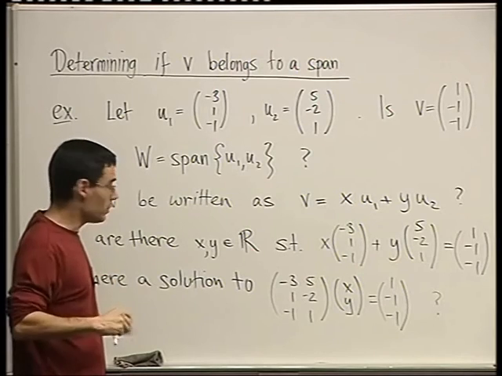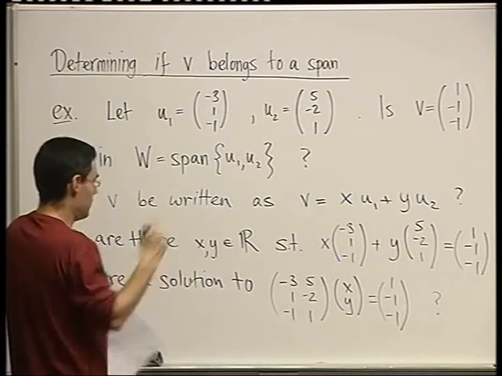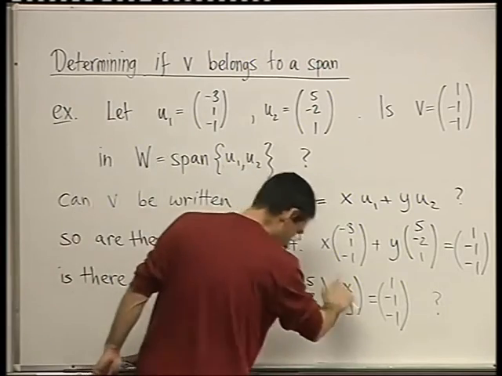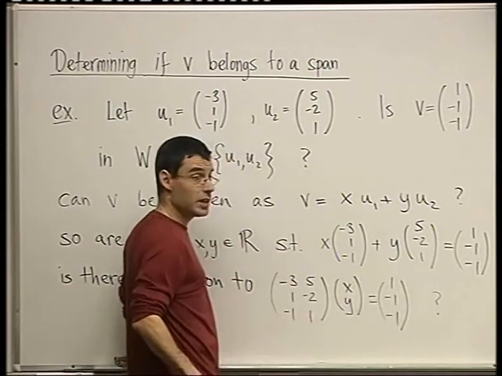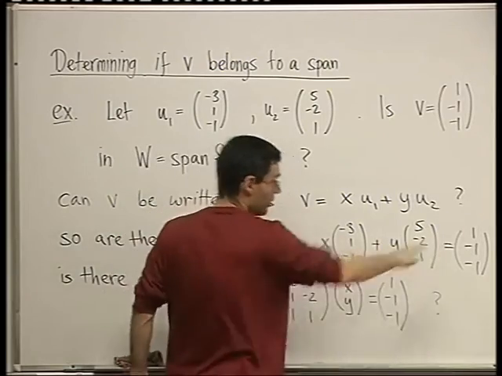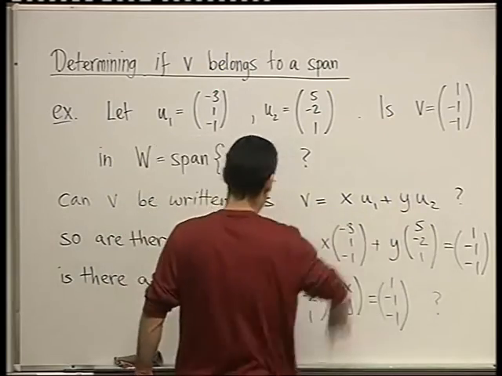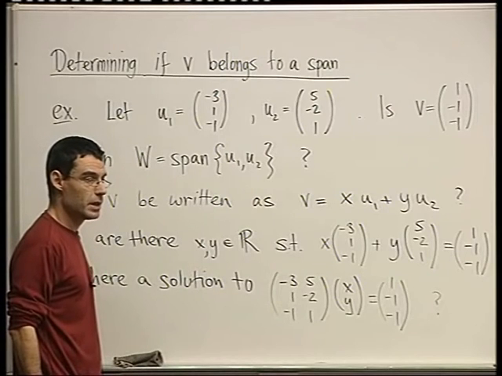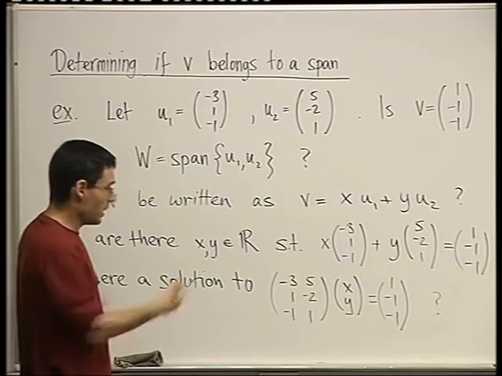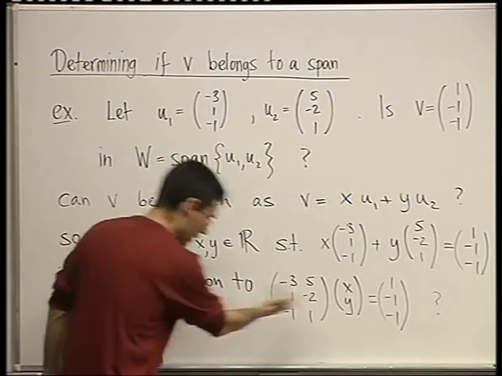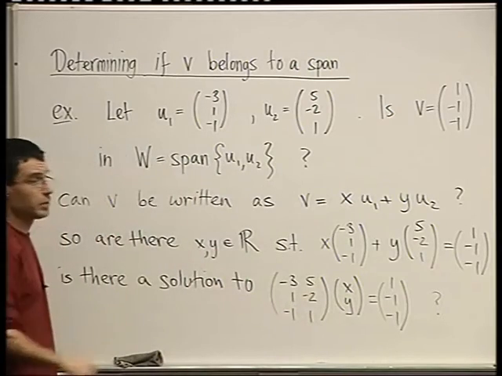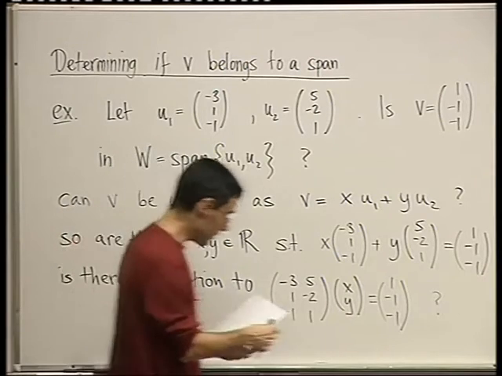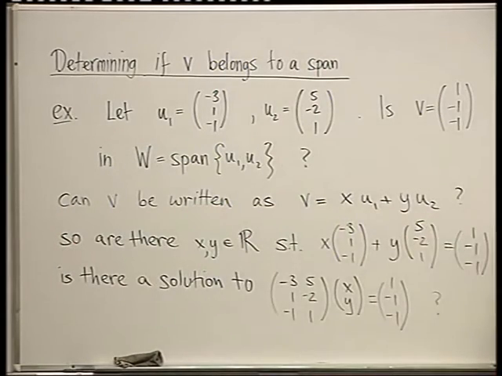So that's what I want to do, and I want to find out, is there a solution? If I can find a solution, that solution is precisely going to be an x, y solving this, or allowing this, namely giving a positive answer to this question. Is everybody with me? So let's solve this system. It's not a difficult one because it's a small system. Okay, so let's write the augmented matrix here.